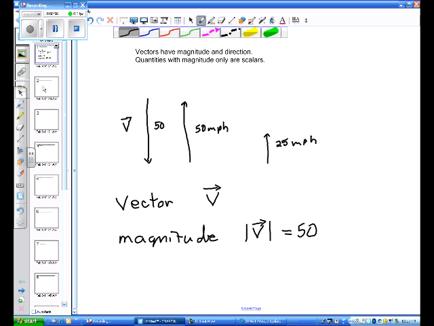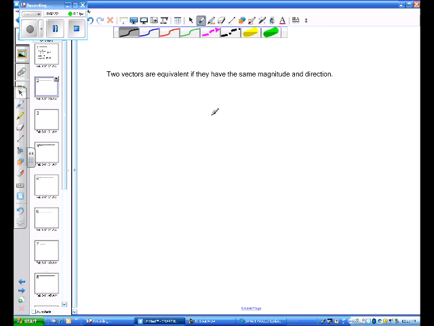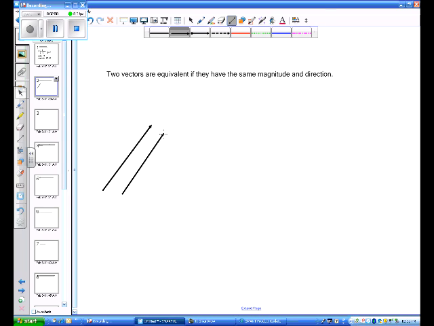Now, vectors are said to be equivalent if they have the same magnitude and direction. So we could draw a vector, and then if another one has the same magnitude and the same direction, then these would be said to be equivalent.